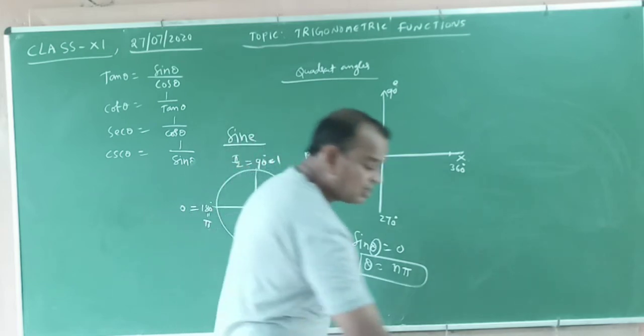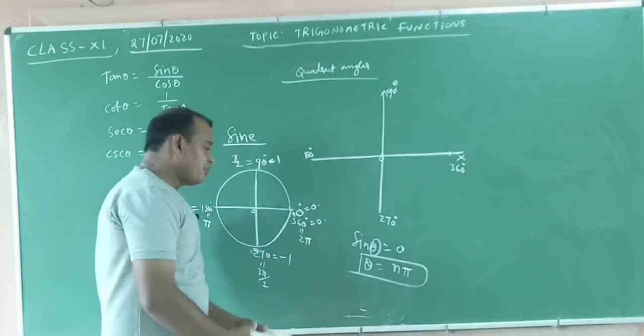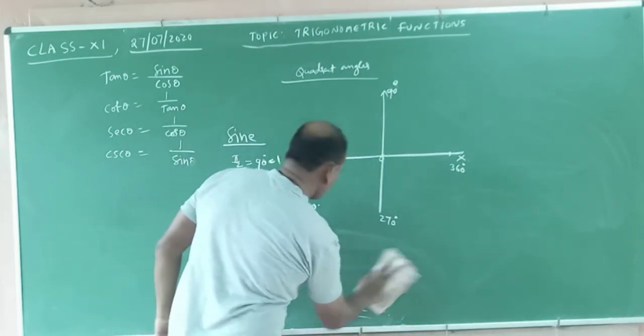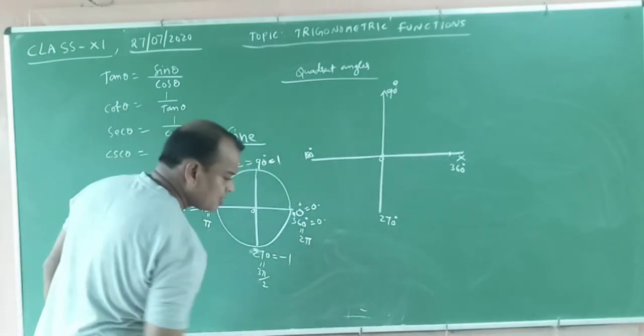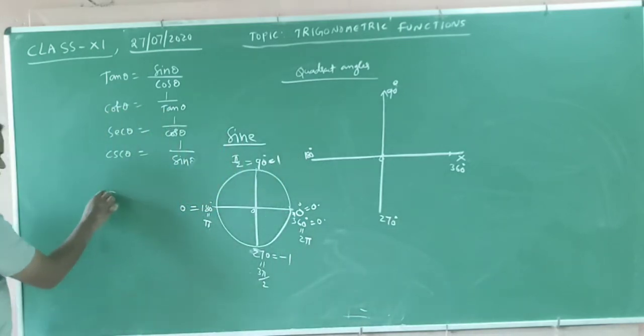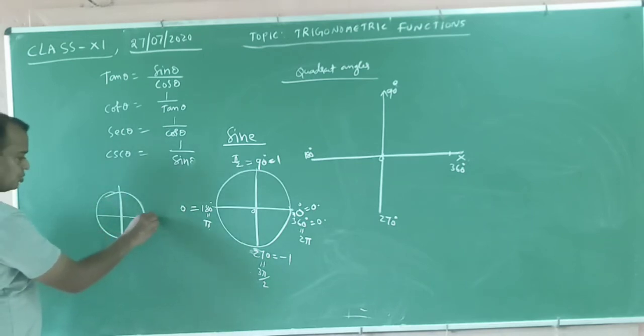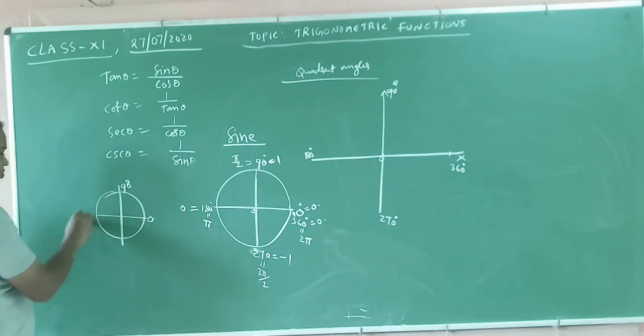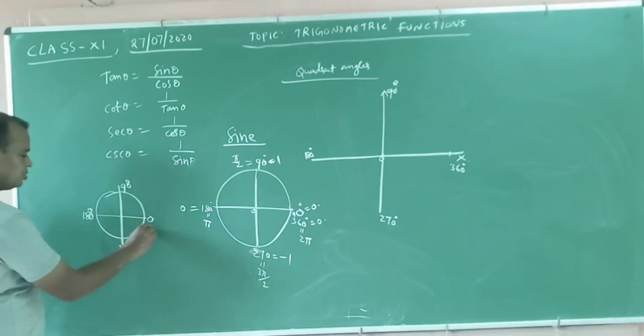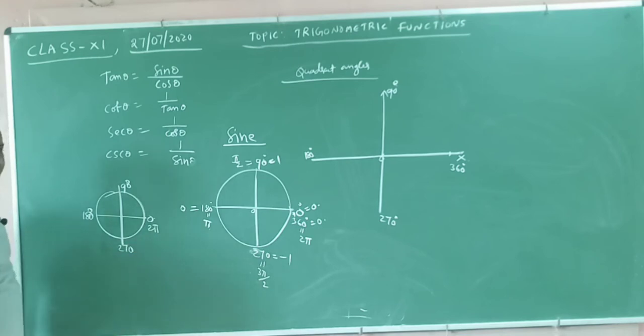The sine is completed. Whenever you can find sine, you can automatically find cos. First we find the cos. We take the same circular diagram. 0, 90, 180 degrees, 270 means 3 pi by 2, and 2 pi means 360 degrees. Now discuss the cosine.